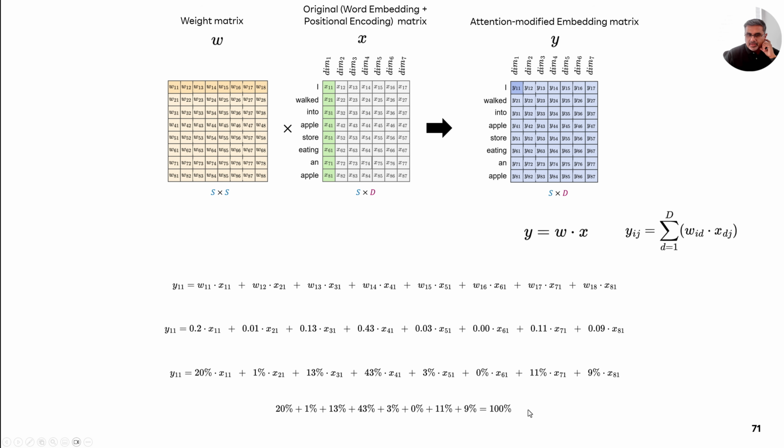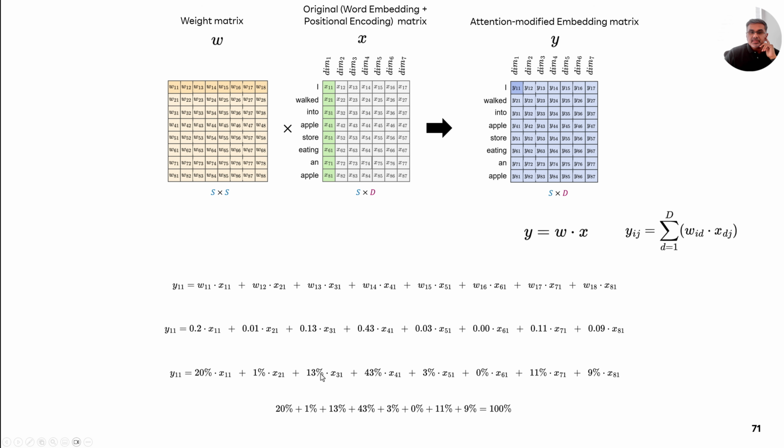So what does this tell you? Actually, what it tells you is, now you go back here, in order to figure out the modified value of this feature dimension for the word I, I will take 20% of the same feature dimension 1 from the word I, I will take 1% from the second word from the same feature dimension 1.